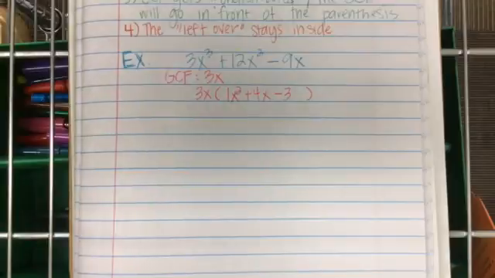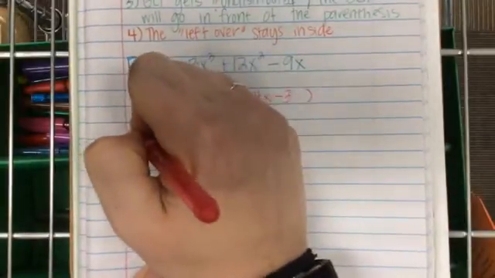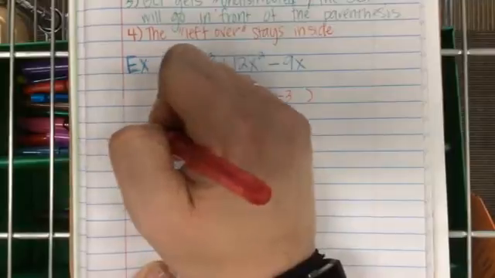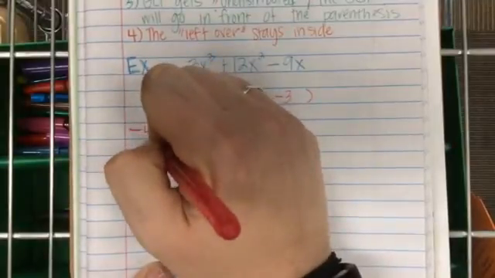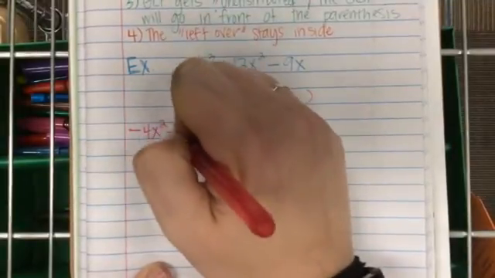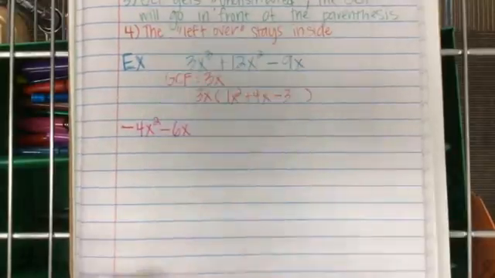Let's do a couple more of the easy ones. Like that means there's harder ones. Well, I mean, if there's just bigger numbers. Let's do negative 4x squared minus 6x.